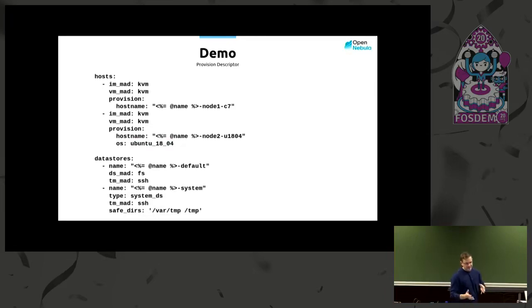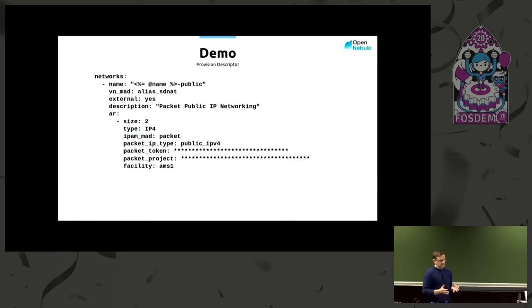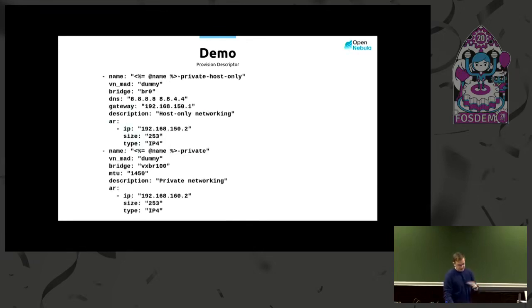Then we specify data stores which should appear in OpenNebula, and the last part are the networks. This creates the public IP network with the IPAM Packet driver, and it requests two IPv4 addresses from the provider. And there are some private networks. So basically, this is enough.